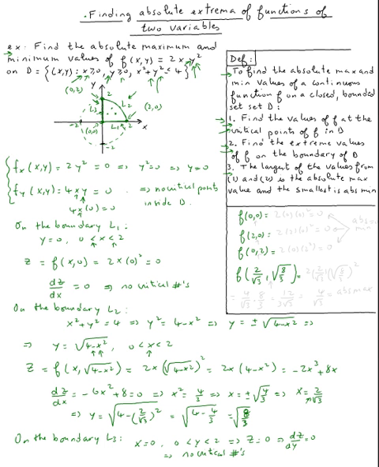So f of (0, 0) will be 2 times 0 times 0 squared. That's 0. f of (2, 0) will be 2 times 2 times 0 squared, which is 0. f of (0, 2) will be 2 times 0 times 2 squared, which is 0.